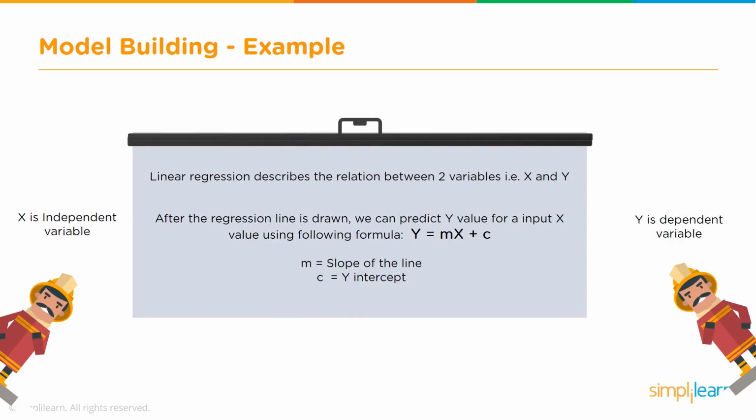We need to determine the values of m and c for our given data. That is what the training process of this model does. At the end of the training process, you have a certain value of m and c, and that is used for predicting the values of any new data that comes.